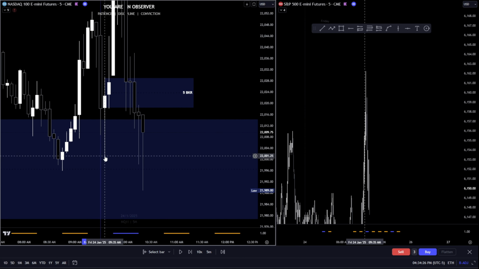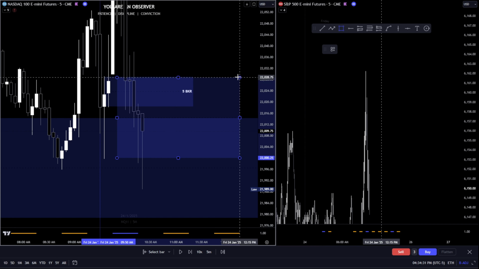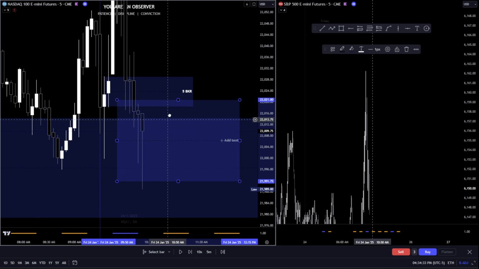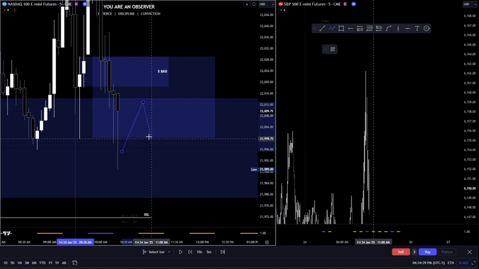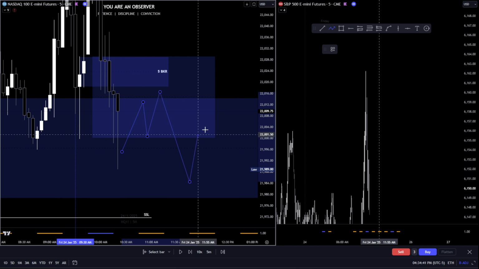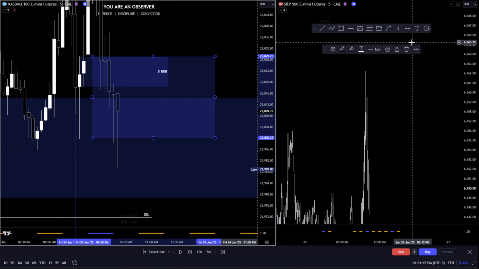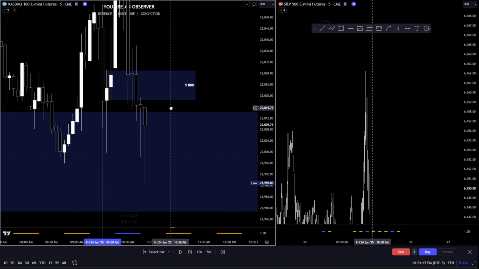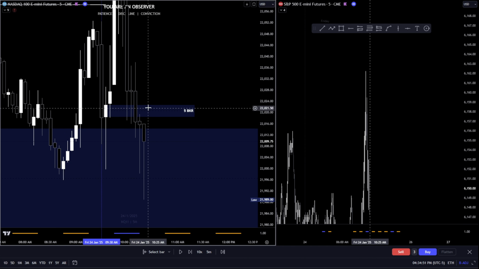I don't count all of this, because if I did, that's a massive area and you don't know where it could come up and reject, or go many places. But usually 9 times out of 10 it will only come up to the body. You can even just do the body, just like that. And that's a perfect example.